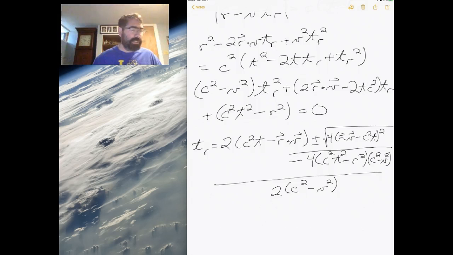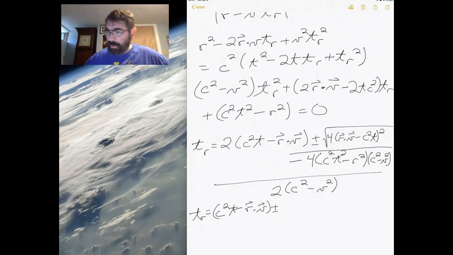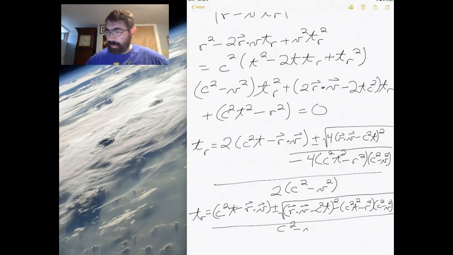Okay, so that looks kind of weird, but we can clean it up a little bit, where now essentially t_r is equal to c squared t minus r dot v, plus or minus the square root of r dot v minus c squared t quantity squared minus c squared t squared minus r squared times c squared minus v squared, all of that under the square root, divided by c squared minus v squared.